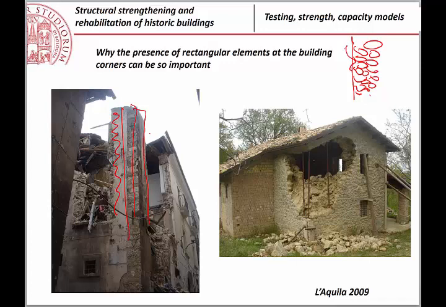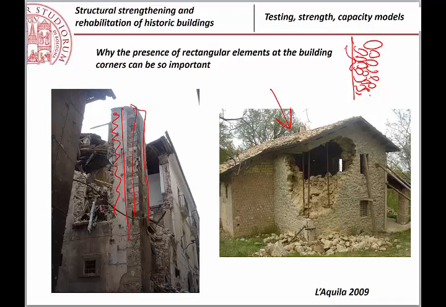On the other side, look, for example, at this small house that was restored, but it was restored almost only from the architectural point of view, that is, without any injections.